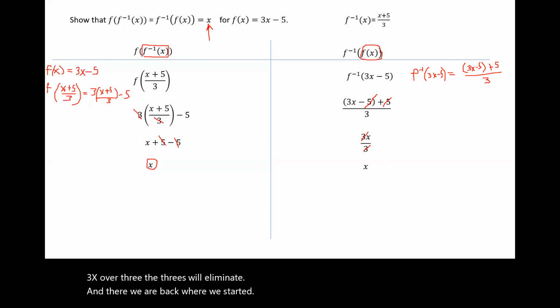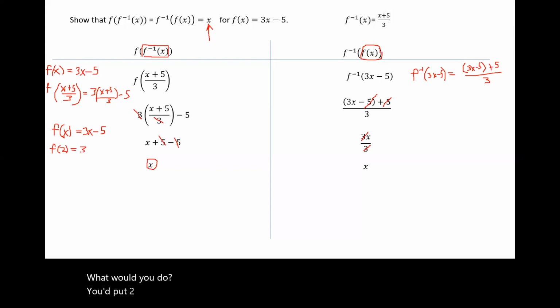If anyone's still really shaky on what's happening here, f of x is 3x minus 5. If you were calculating f of 2, what would you do? You'd put 2 in for the x. If you were calculating f of 7, what would you do?